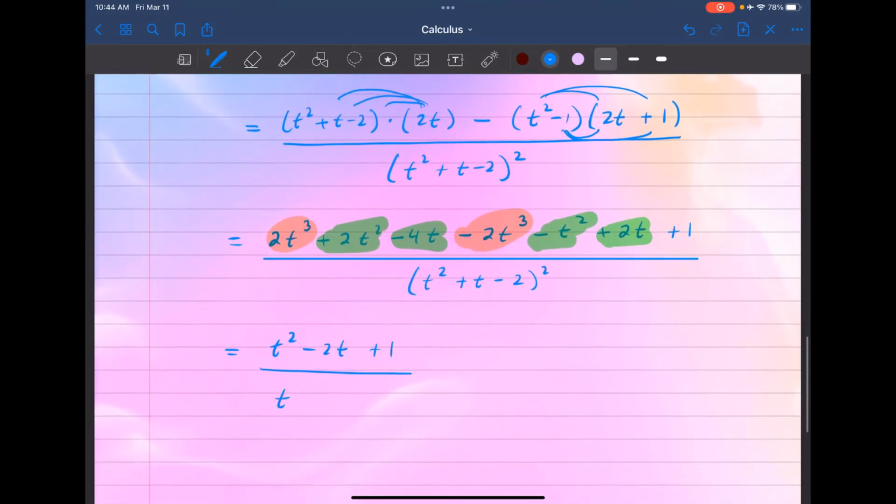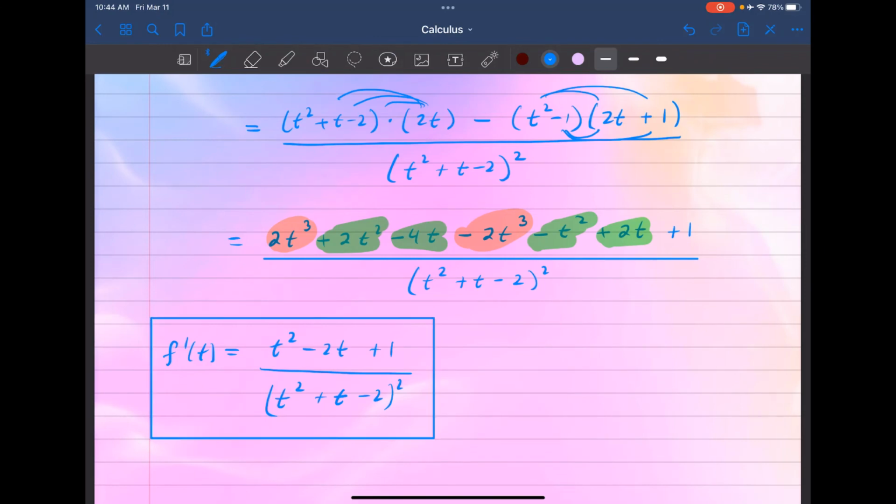That's going to be t squared plus t minus 2, squared. So I'm going to leave it right here. You can play around with it and simplify it more algebraically, but pretty much the calculus part of this question is done. We're able to compute f prime of t.